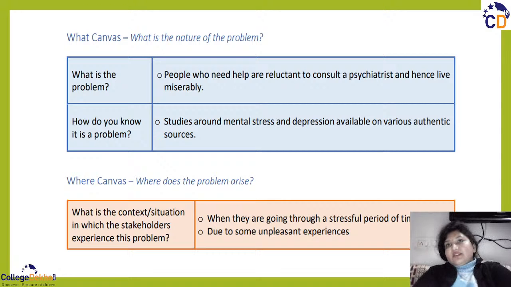Sometimes a person faces some failures, or some unsuccessful experience, and does not share these failures with other people, so they may be led to stress.